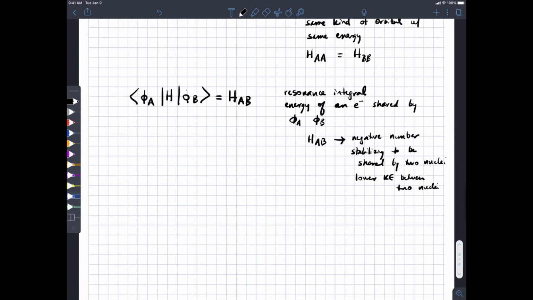By the way, HAA and HAB are also negative numbers because it's lower in energy for an electron to be near a positively charged nucleus than to be an infinite distance away. That's our sort of 0 point.